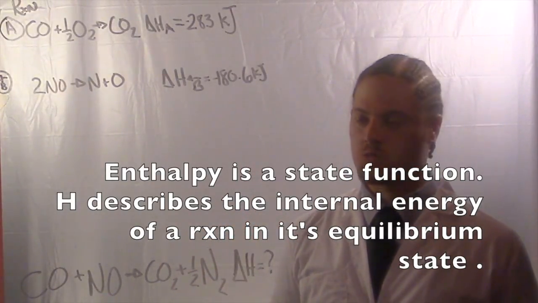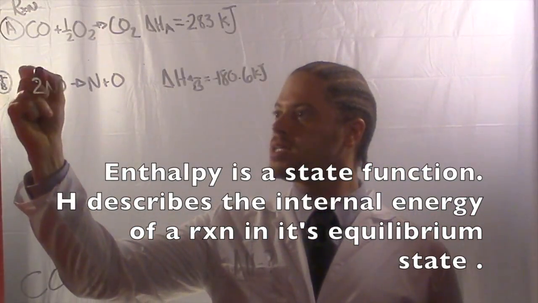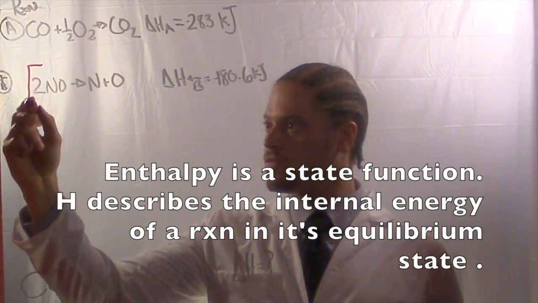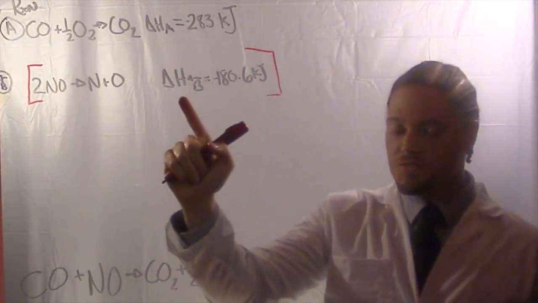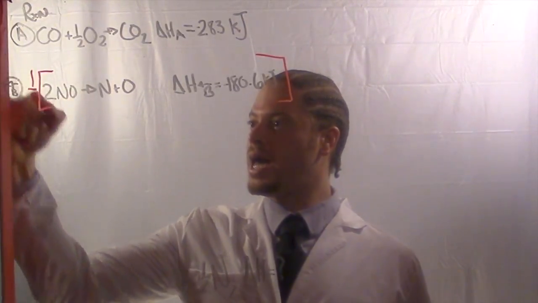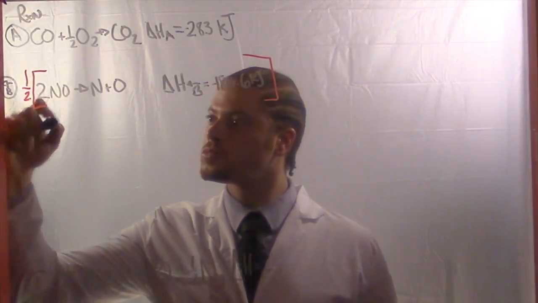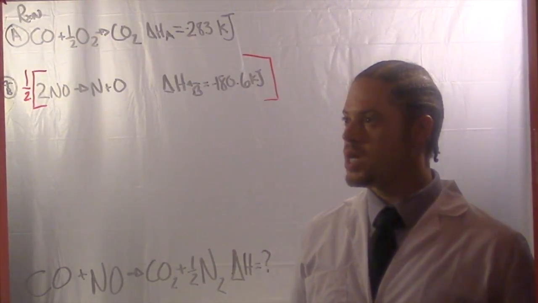Now, please remember stoichiometry. Anytime you change the stoichiometric coefficient, it applies to the entire reaction and the value of enthalpy. So we multiply the whole thing by 1/2. This will give us new stoichiometric values in our reaction.